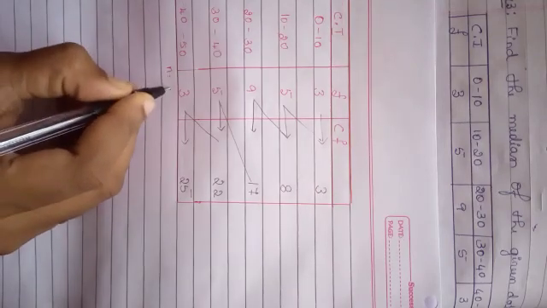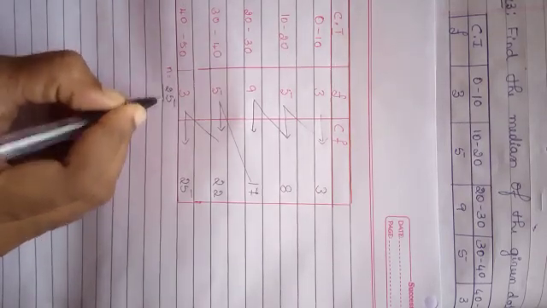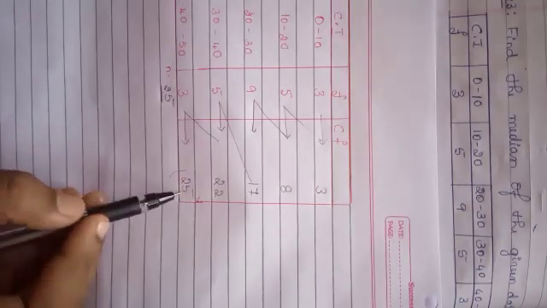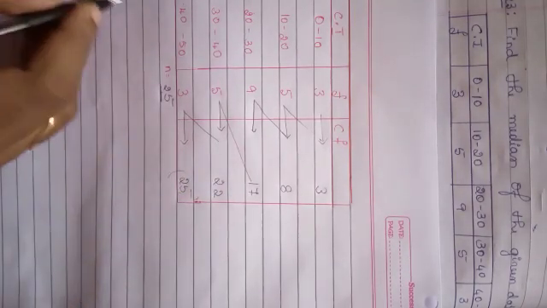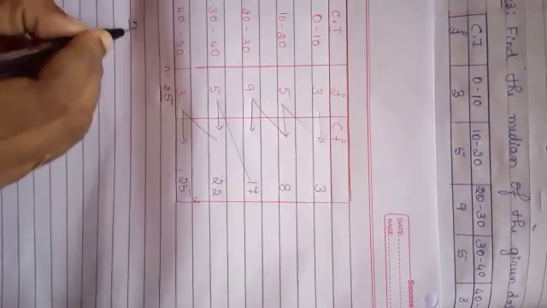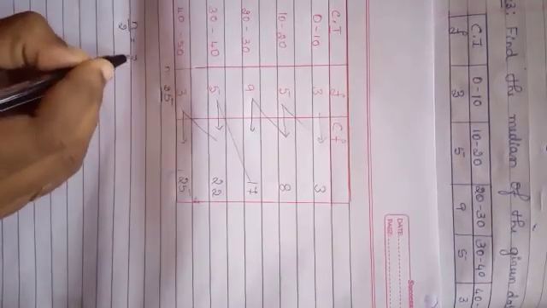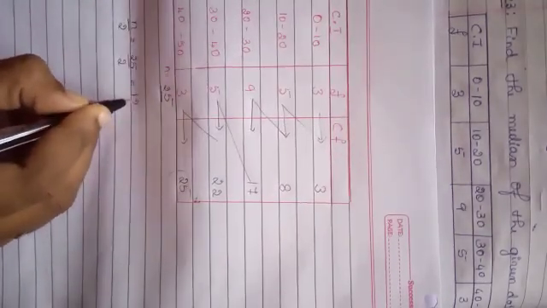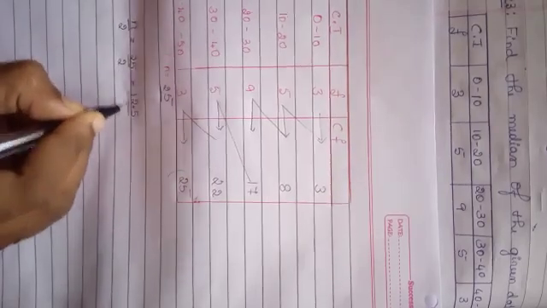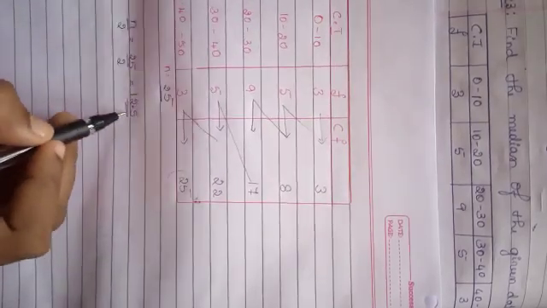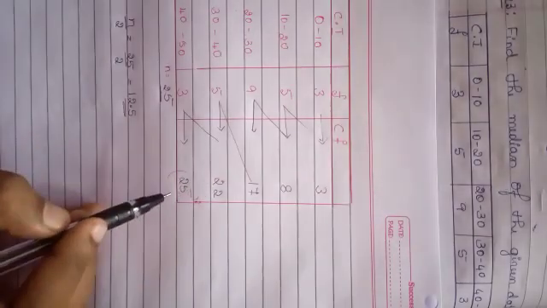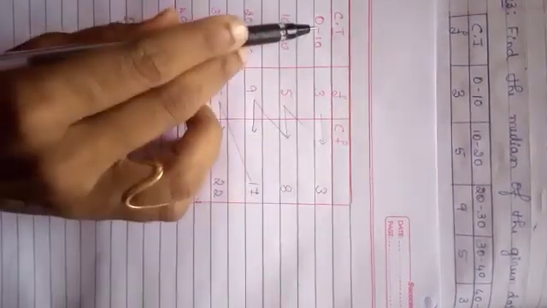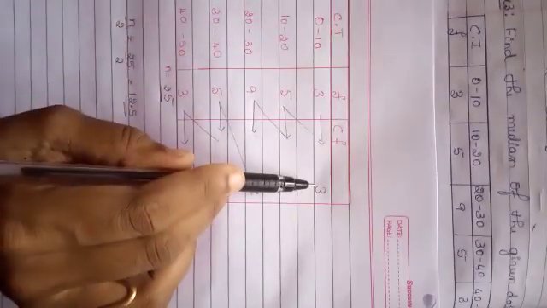Now n is equal to 25. This n value must equal the last value of the cumulative frequency. Now we have to find n by 2, that is 25 divided by 2, you will get 12.5. Now where does this 12.5 lie in the cumulative frequency column? Till 3, it lies between 0 to 10.